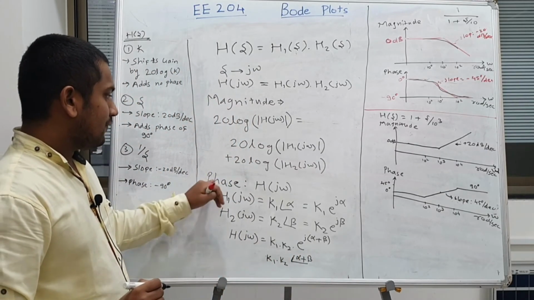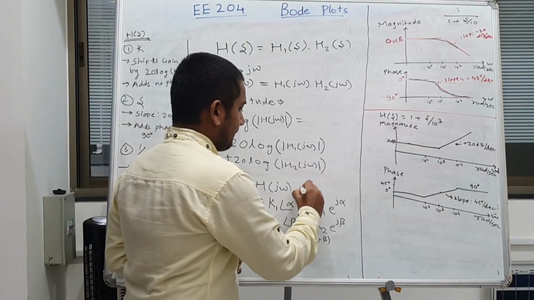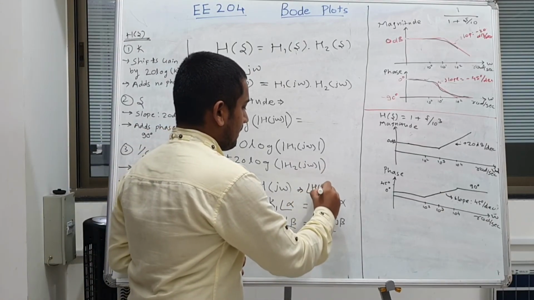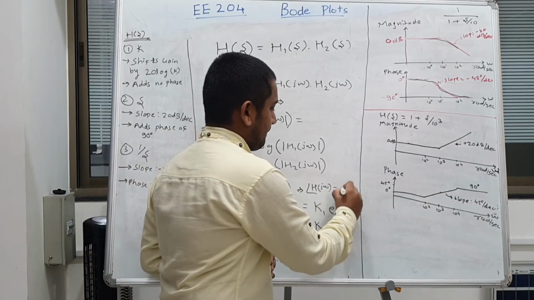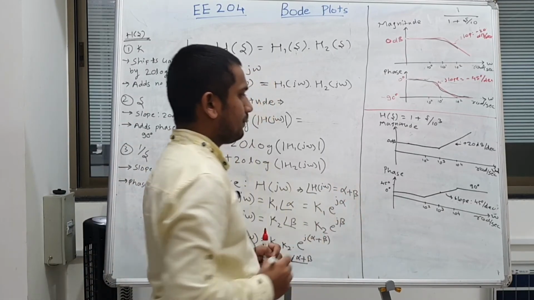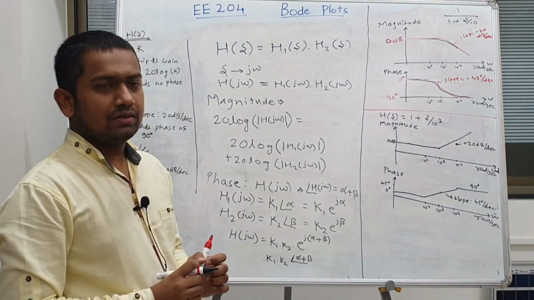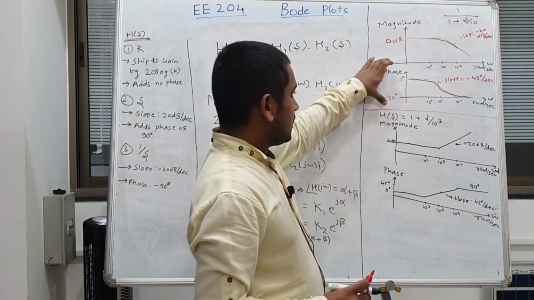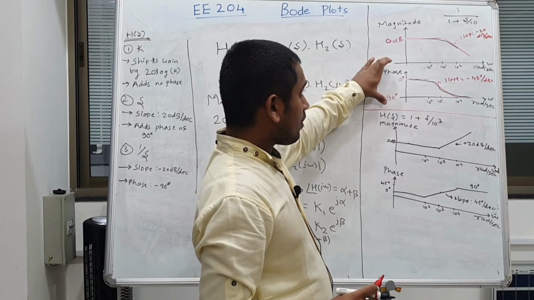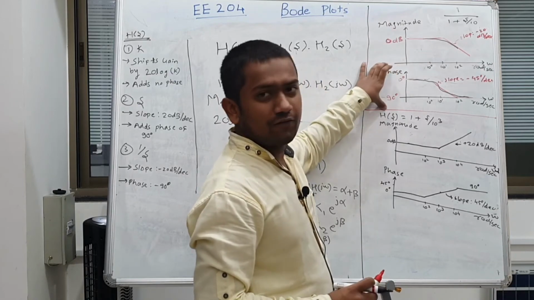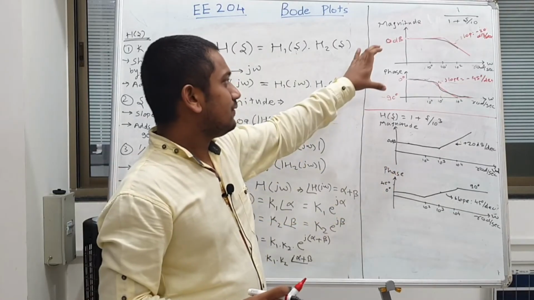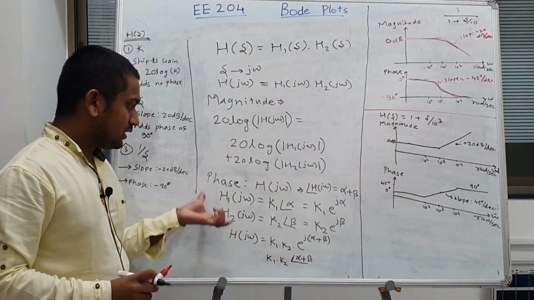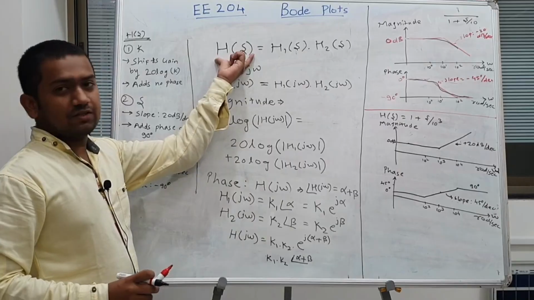It means the phase of H of j omega will be just addition of two phases. This tells us that the addition of the phase of H1 of s and the phase of H2 of s will give the final phase for H of s.